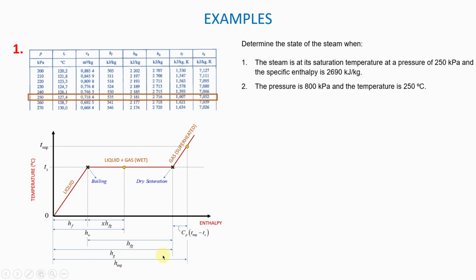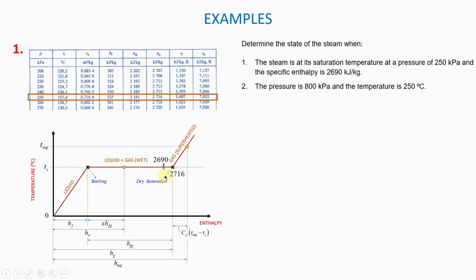When we have a pressure of 250 kilopascals, Hg is 2716, but the one we are given in the question is 2690, which is somewhere here.